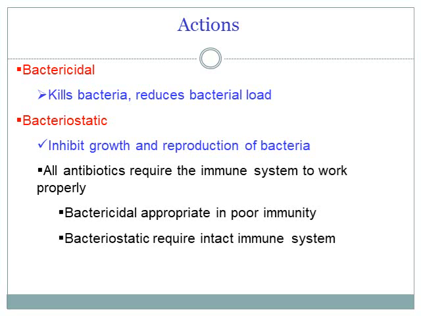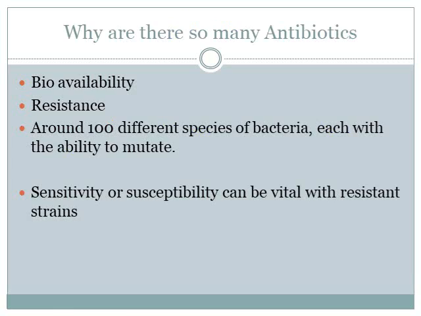So you may be asking, if there's only 2 different types and 3 ways that they work, why are there so many antibiotics on the market? Now you could assume that it's got to do with money making, and I suppose a little bit is that, but things that we have to take into account is bacteria within the human body is not as simple as it may seem. So we have something known as bioavailability.